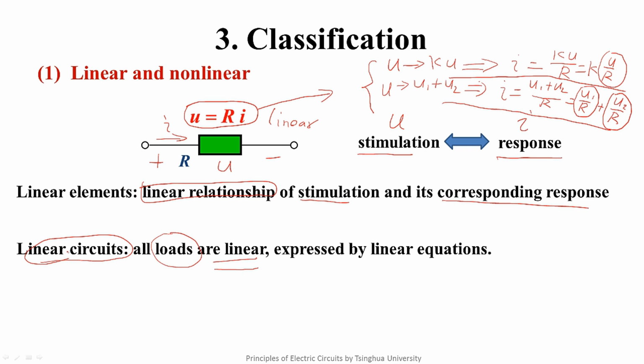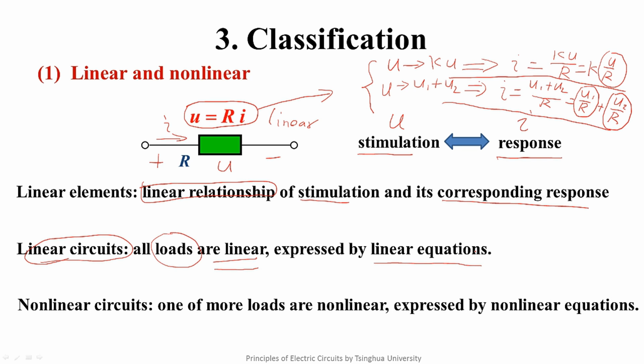A linear circuit is described by linear equations. You will comprehend this in the future. So what's a nonlinear circuit? As long as one or more loads have a nonlinear relationship, then it is a nonlinear circuit, and it is described by nonlinear equations.